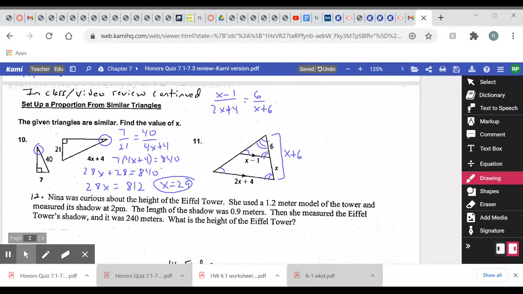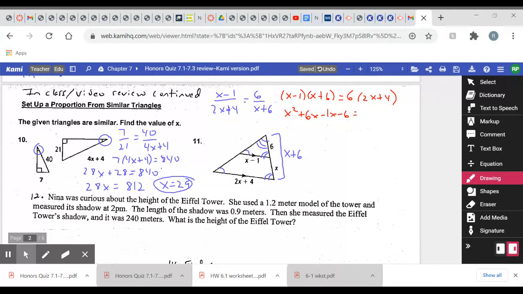Okay, so now we just need to solve this. So if I multiply x minus 1 times x plus 6, one diagonal, that has to be equal to 6 times 2x plus 4. Okay, if I go ahead and FOIL this left side out, I've got x times x is x squared, x times 6 is 6x, negative 1 times x is negative 1x, and negative 1 times 6 is negative 6.